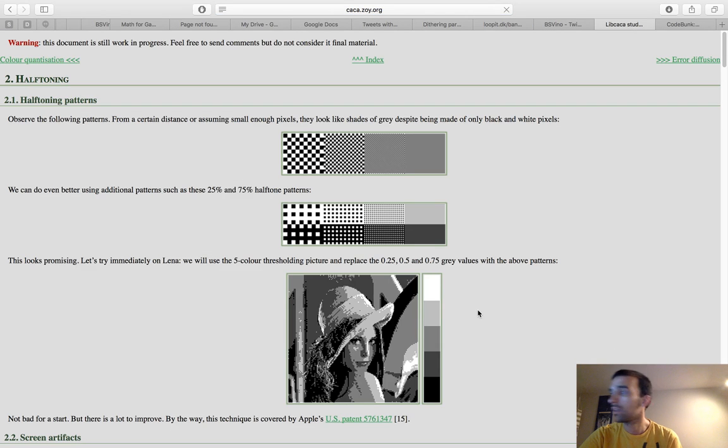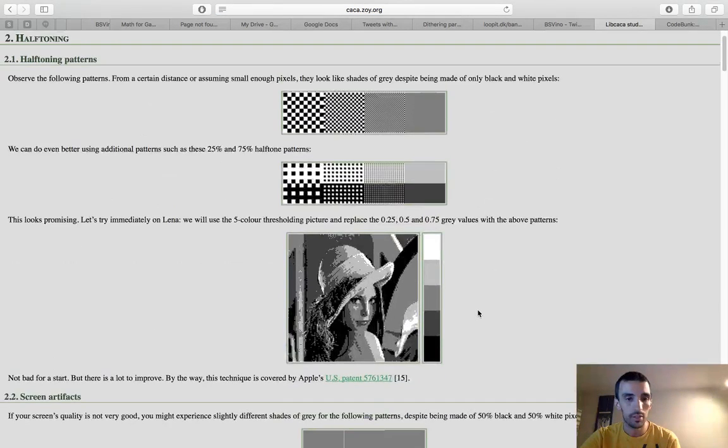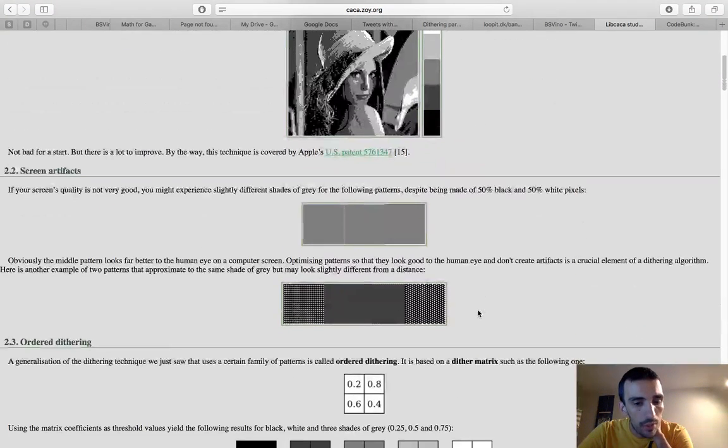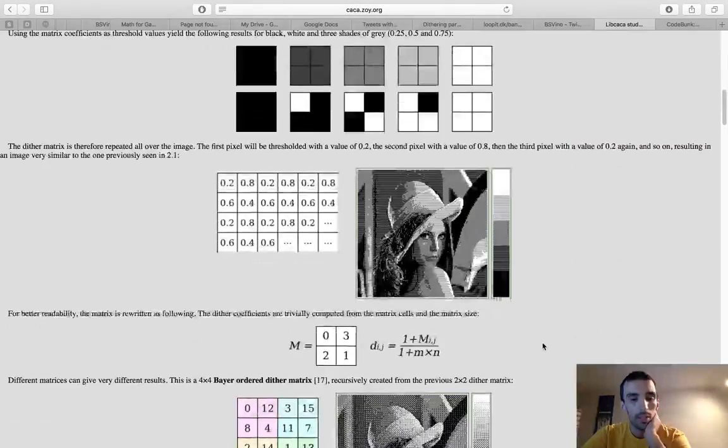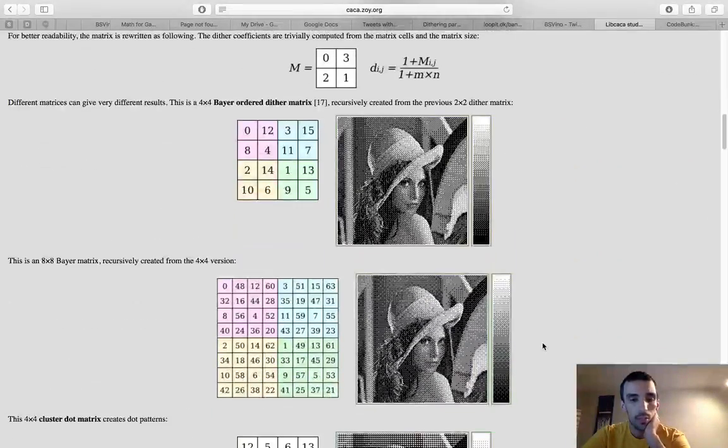Yes, it's an in-house rendering engine. Half-toning patterns. Okay, here we go. You could pick whatever matrix you want, and I guess the Bayer matrix is kind of a first stop. You do that, and then you can try and optimize it later. But it's a pretty good approximation of what you want.